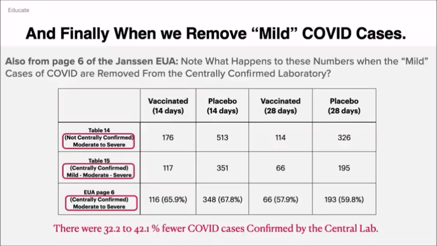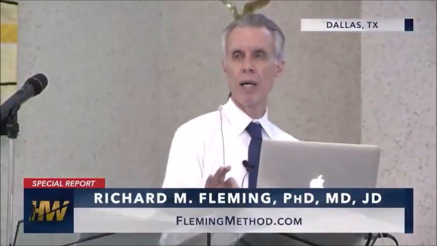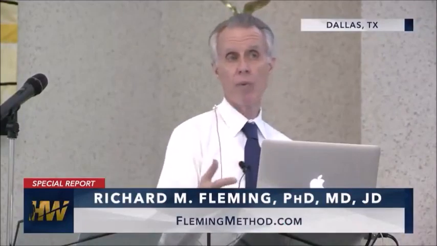These are the numbers. 32 to 42% drop in the cases for individuals with a diagnosis of COVID when you use the centrally confirmed lab results, which was not used to determine whether the FDA would authorize these drug vaccines.